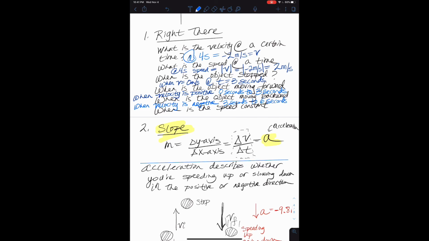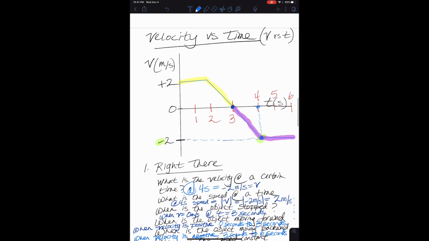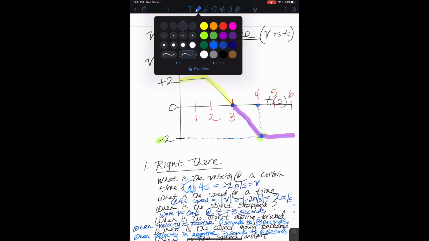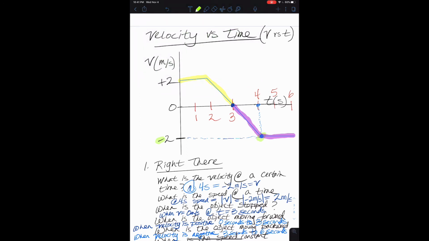All right, and then finally, when is the speed constant? When does the object hold speed? So it looks like it holds speed at a couple different times, right? And I think I'm going to need a different color marker here. It holds speed from 0 to 2 because we have 0 slope. And it holds speed from 4 to 6.